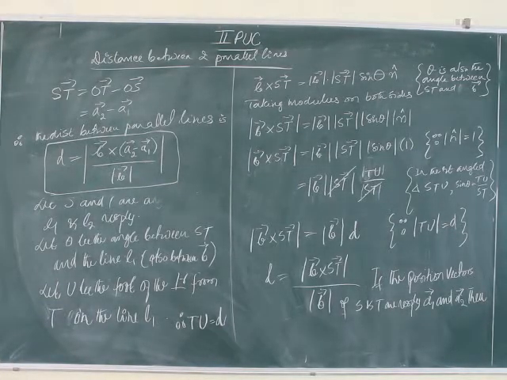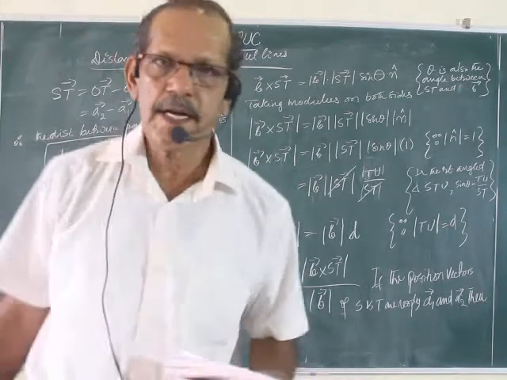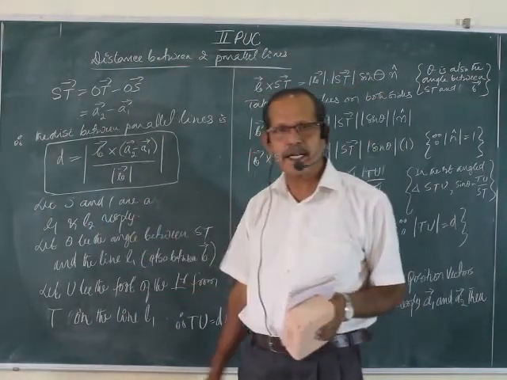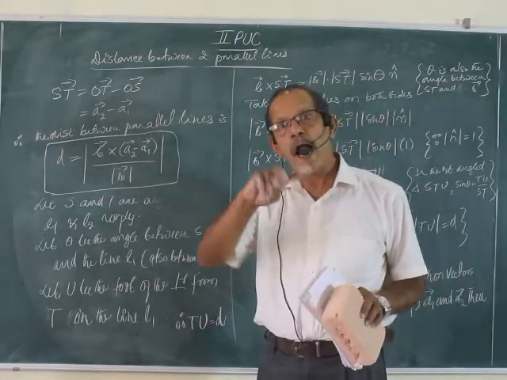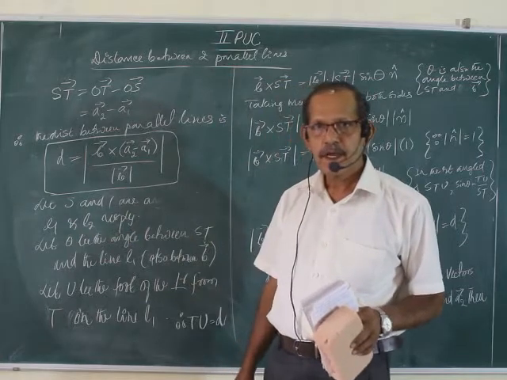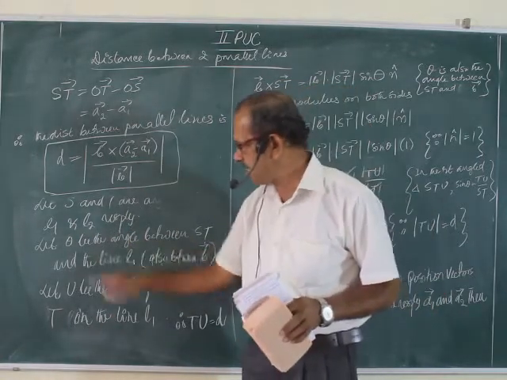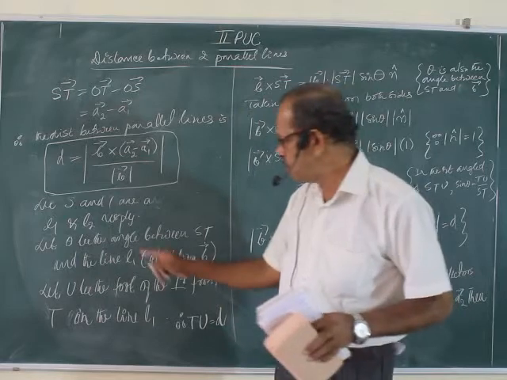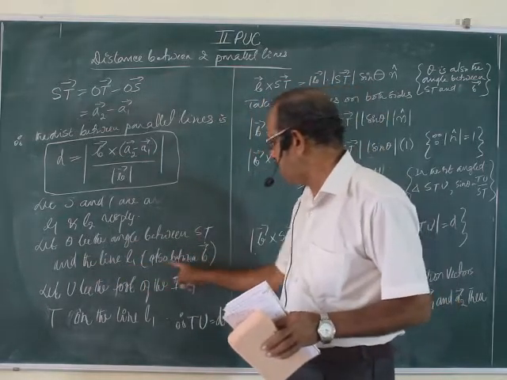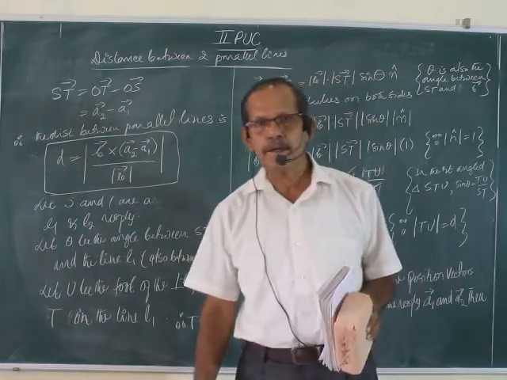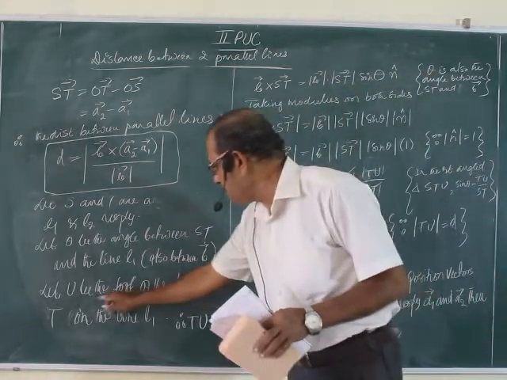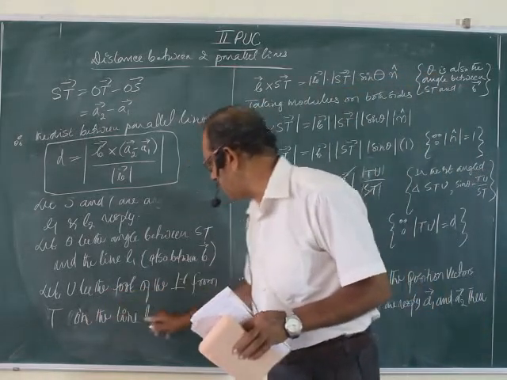Again, go back to the derivation. L1 and L2 are two parallel lines. Consider two arbitrary points S and T on L1 and L2. Join S and T. Theta is the angle between ST and L1, or ST and vector B, because B is along the line L1. U is the foot of the perpendicular from T on the line L1.